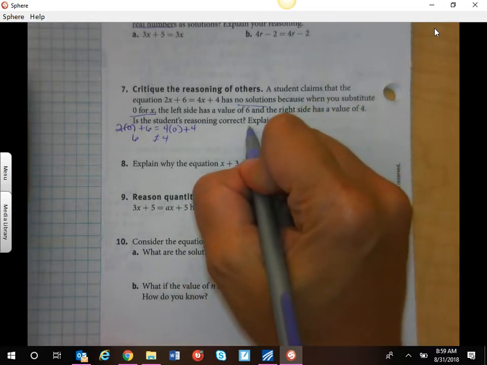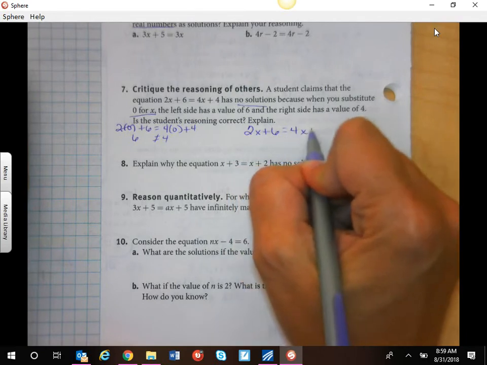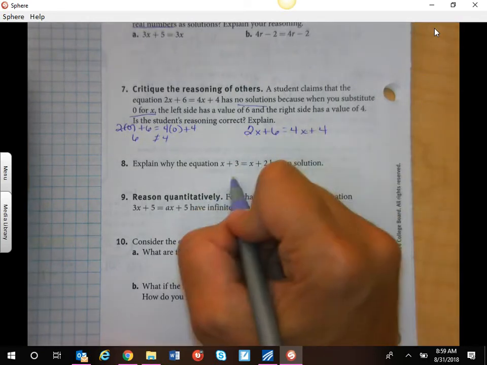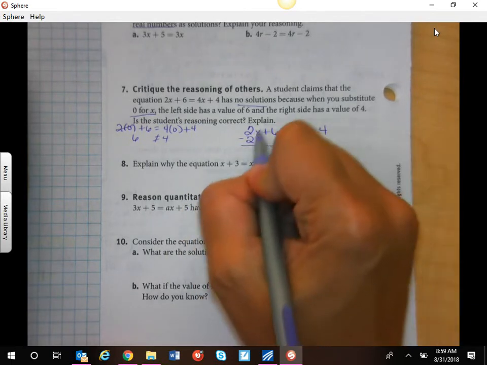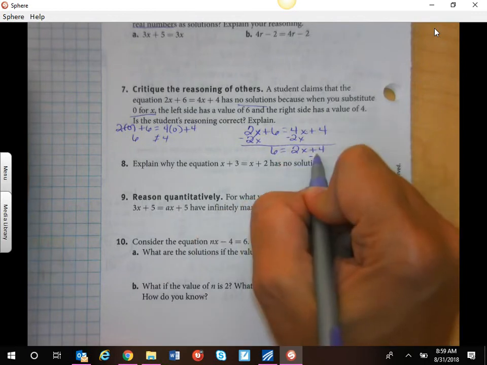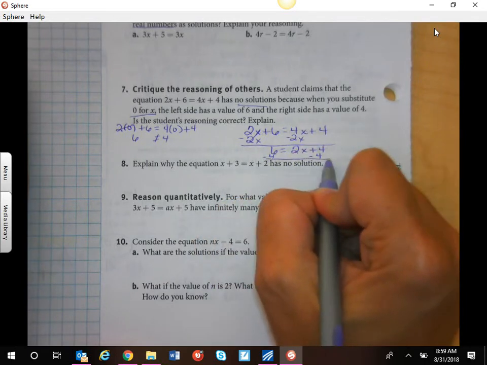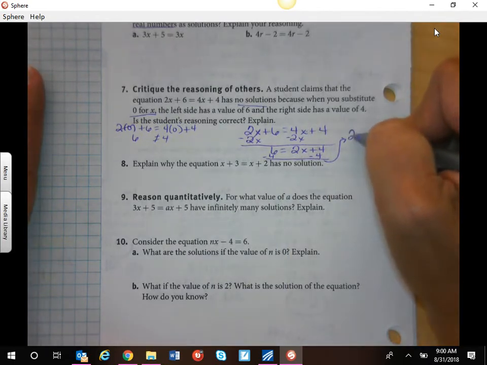Well, we can go ahead and use our mathematical skills in our steps. We have a variable on both sides. We can move the smaller. And we can simply solve this algebraically and see, well, is there no solution? I'm going to come over here because I ran out of room. 6 minus 4 is 2. 2 equals 2x divided by 2.